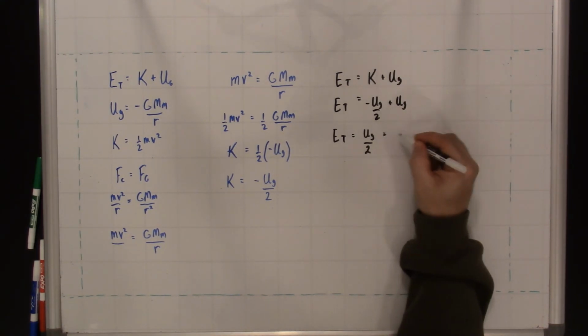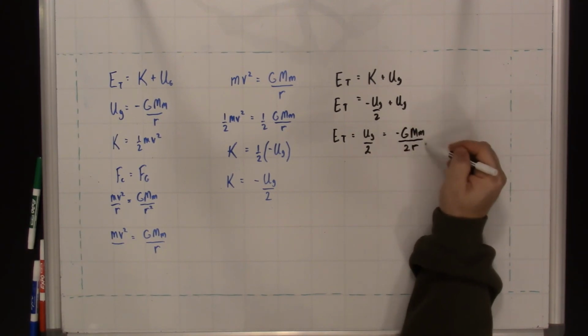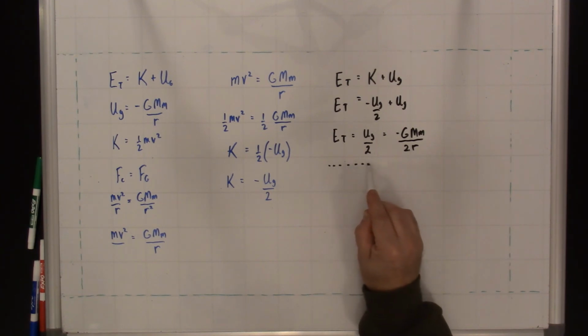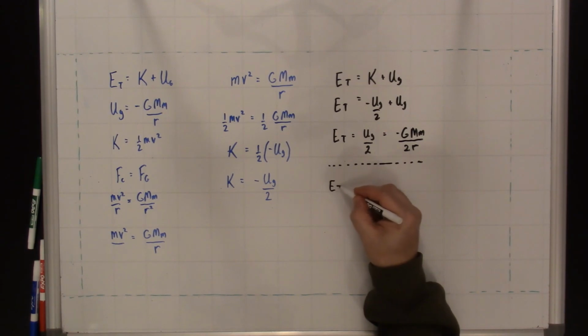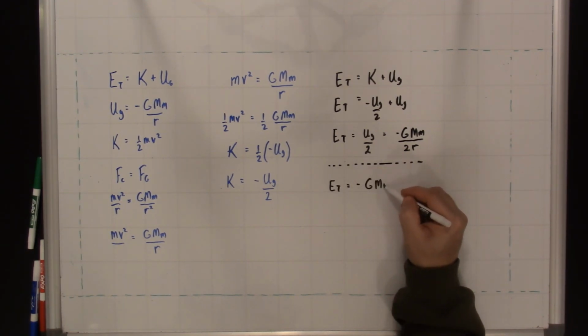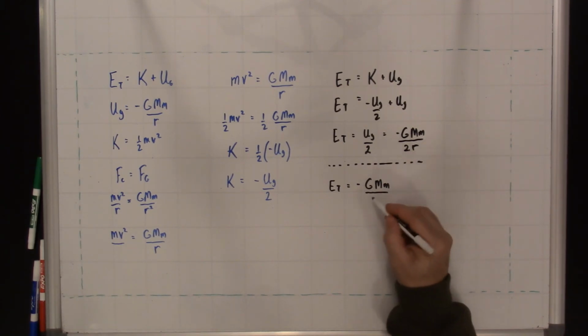And so this would be negative GMm over 2r. And then, if we realize that these things aren't really going in circles and they don't really have radii, then we can say that, just like we did earlier, instead of using r, we're going to use the semi-major axis, which is 2a.